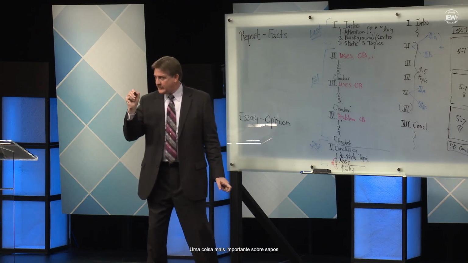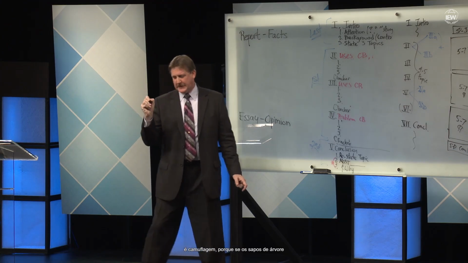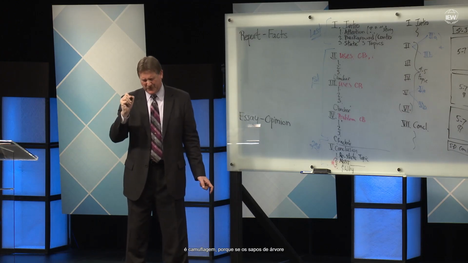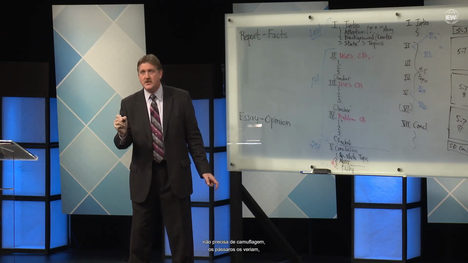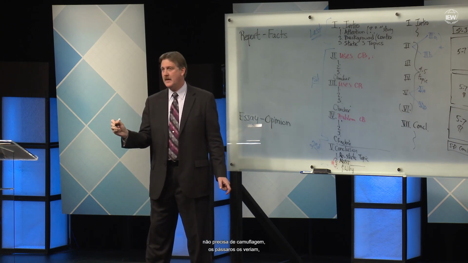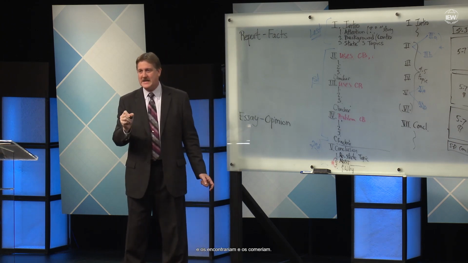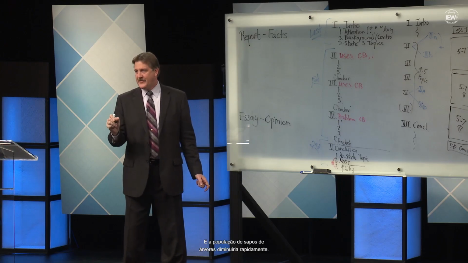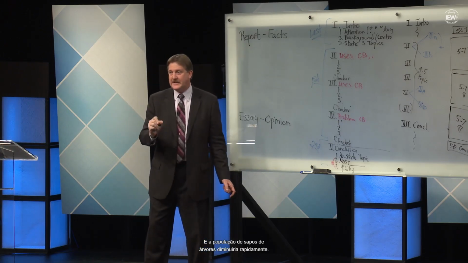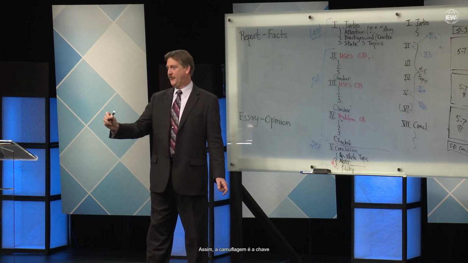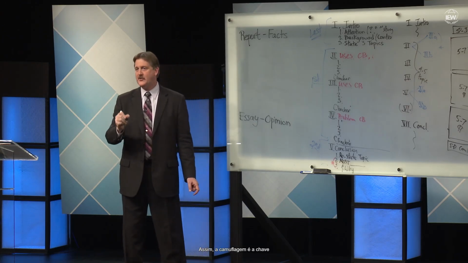The most important thing about tree frogs is camouflage because if tree frogs didn't have camouflage, birds would see them and find them and eat them, and the tree frog population would rapidly decrease. Therefore, camouflage is key to tree frog survival.